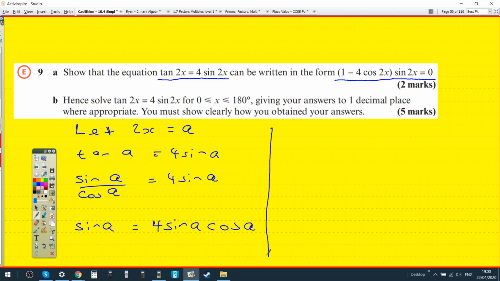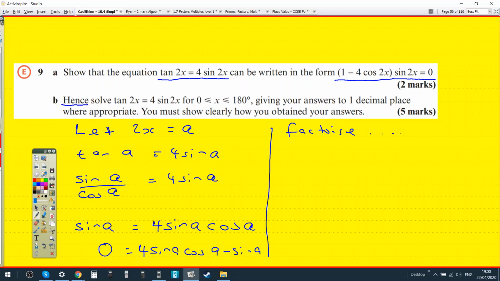So if we do minus sine a, so 0 equals 4 sine a cos a minus sine a. So that would be like 4xy minus x. And then you factorize it. And that will be for you to do.